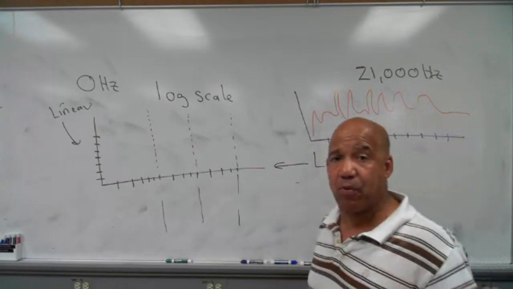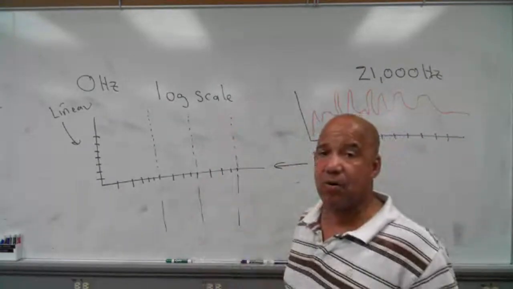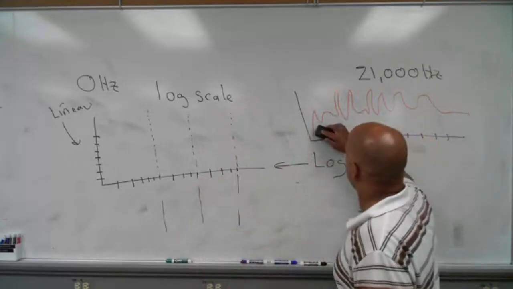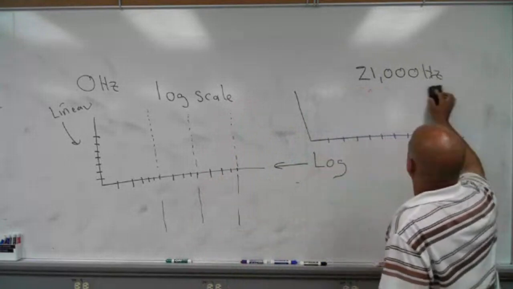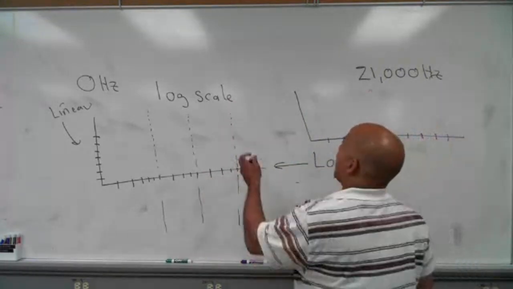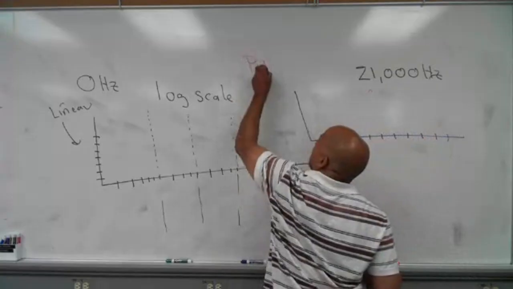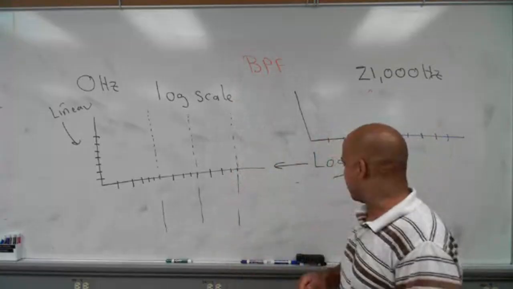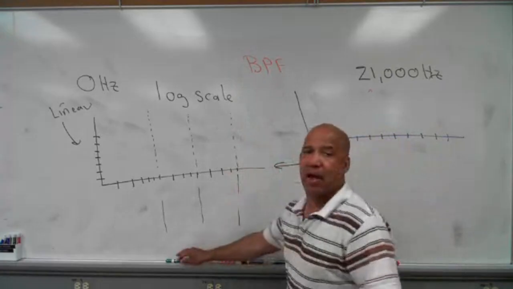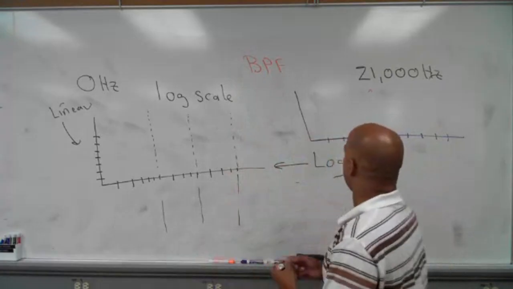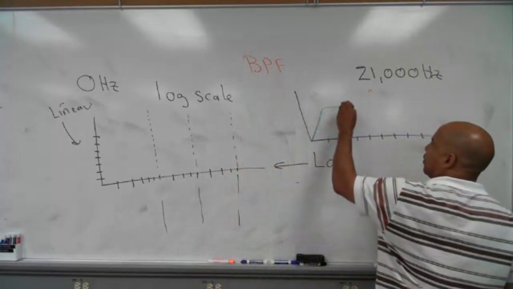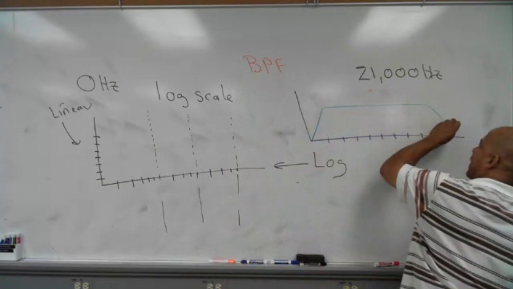Fortunately, when we deal with bandwidth, especially with audio and things like that, this is not the kind of graph I have. I might have a graph like this. Maybe I have the graph for a band pass filter, and maybe it's for the audio spectrum. What does the graph for a band pass filter look like? Well, what we learned the other day is it starts off like this, it goes over, and then comes down.